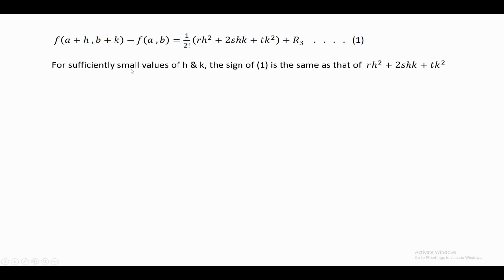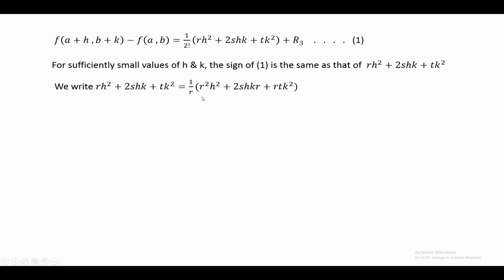For sufficiently small values of h and k, the sign of equation 1 is same as that of rh square plus 2shk plus tk square. Write this bracket as 1 upon r, divide by r and multiply by r: 1 upon r inside the bracket r square h square plus 2rshk plus rtk square.